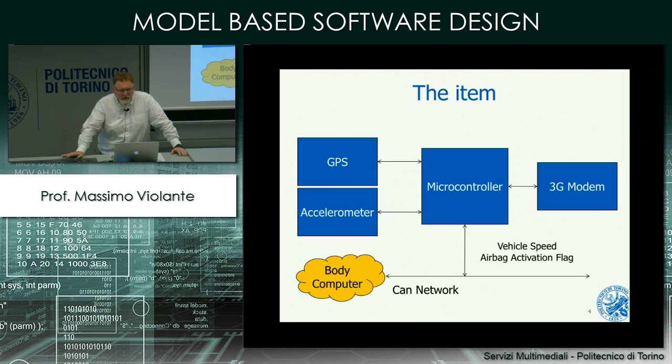So what I'm expecting from you is the analysis of the item, the identification of the operational situations that are relevant for this item, the analysis of the hazard, the identification of the ASIL, if applicable, and then I'm expecting the safety goals, the functional safety concept, and the safe state. Okay? As we did for the QA example, you will have time for working on your own starting from now.